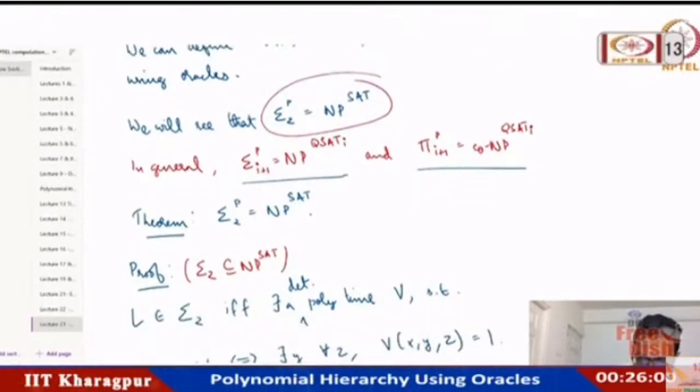So the proofs of these results are exactly the same as the proof that sigma 2 is NP with access to SAT, because of which we will not do the other proofs. We'll just show that sigma 2 is NP with access to a SAT oracle.